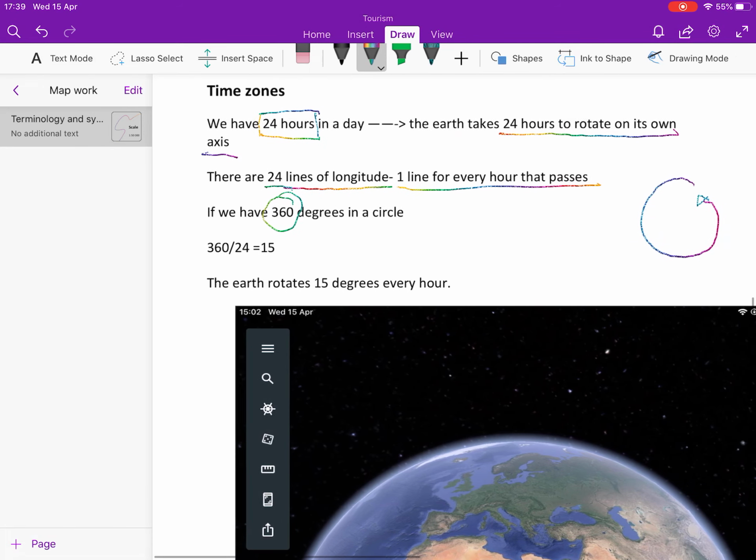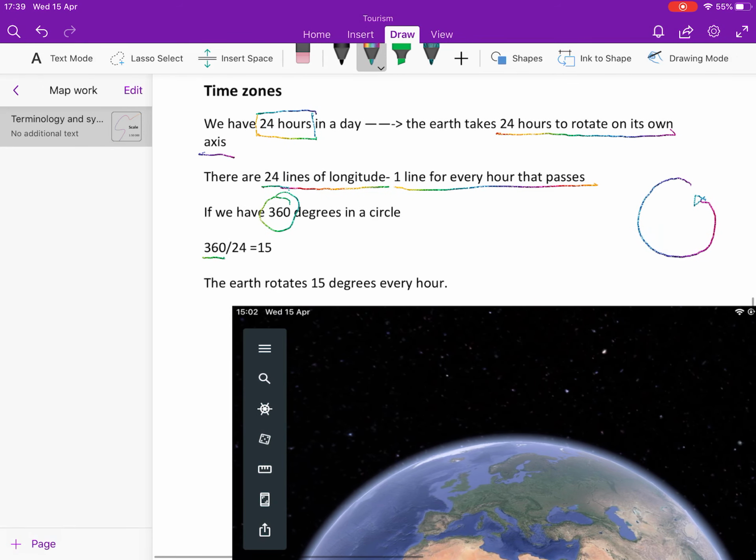We are going to say 360 divided by 24 will give us 15. Now this 15 is the degrees that the earth moves in 1 hour. So the earth rotates 15 degrees every hour.